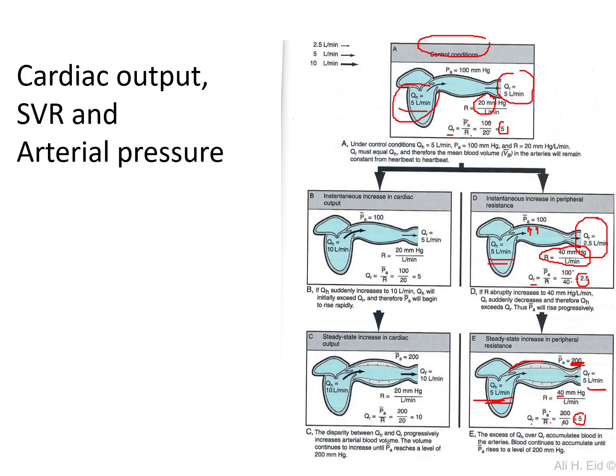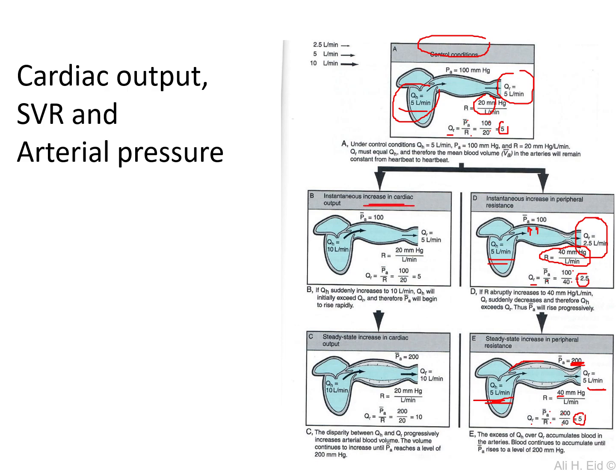This dependency applies regardless of whether the change in cardiac output is accomplished by a change in the heart rate or a change in the stroke volume. In fact, any change in the heart rate that is balanced by a concomitant, oppositely directed change in stroke volume will not change QH, the cardiac output, and thus the arterial pressure is not going to change.